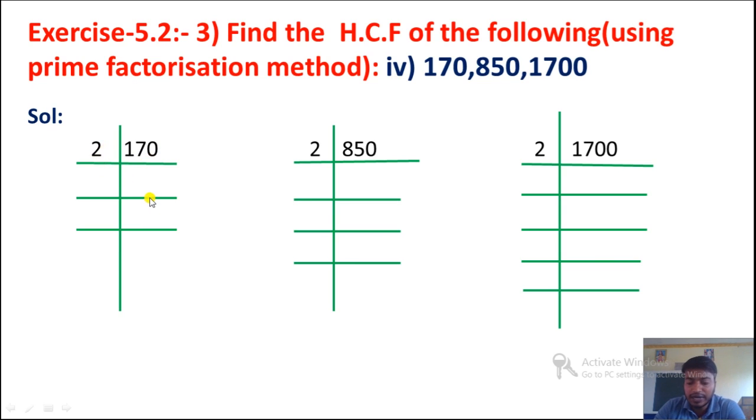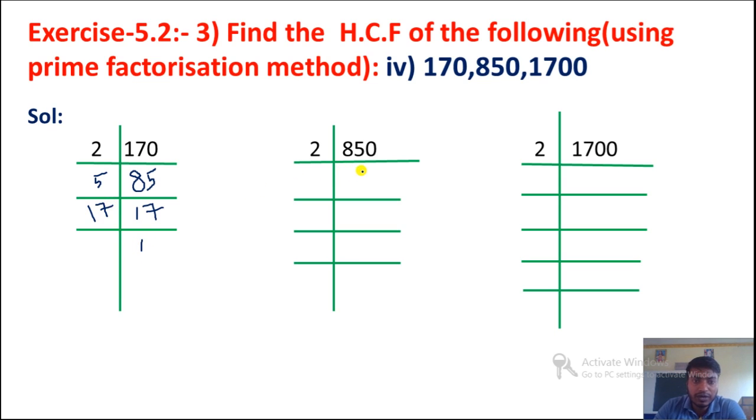When we divide, 2 eights are 16, 1 left, 2 fives are 10. Now it will go by 5, 5 ones are 5, 3 left, 5 sevens are 35. Now it will go by 17, one time.